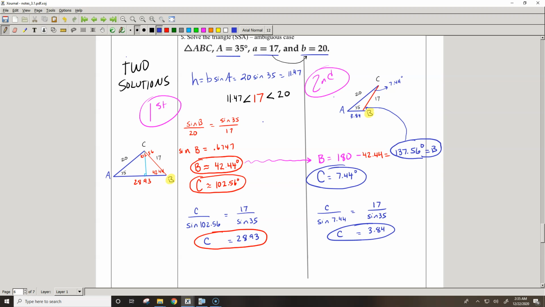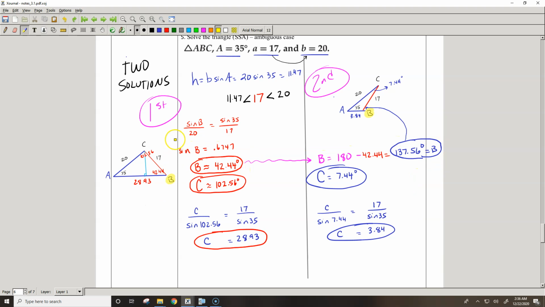Now, as a recap, once you understand that there are two solutions, the way we got the second solution is to understand that this angle B, we can get if we take the supplement of this original angle B. So we get 42 degrees, we take the supplement of it, and we get 137. That starts off the second solution, and then we just go from there.